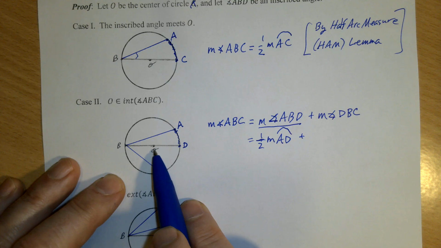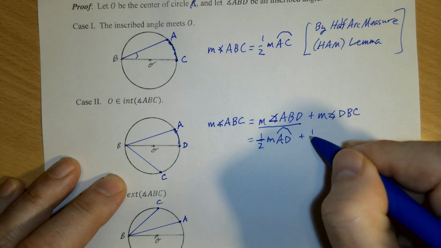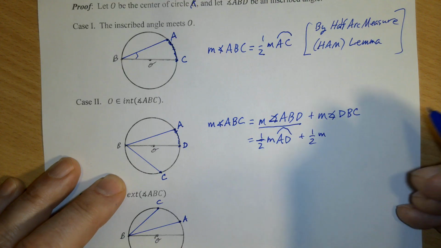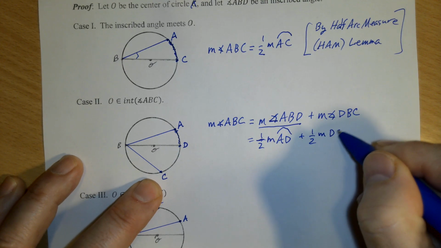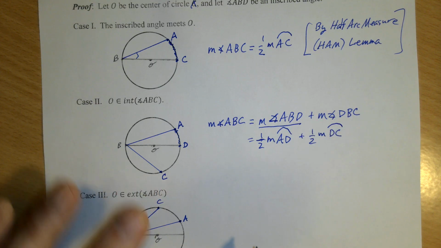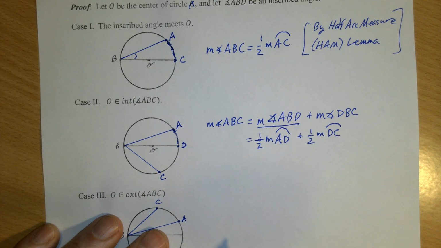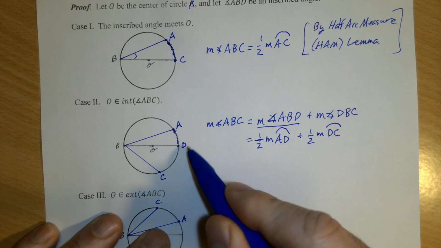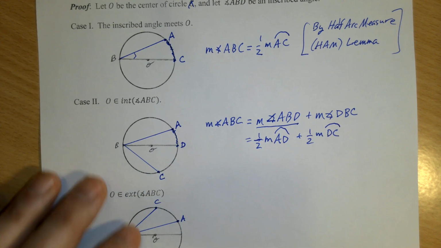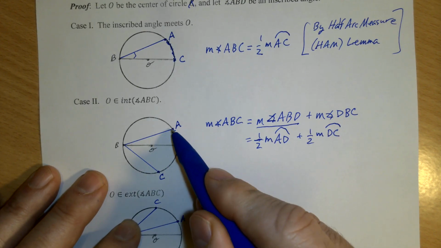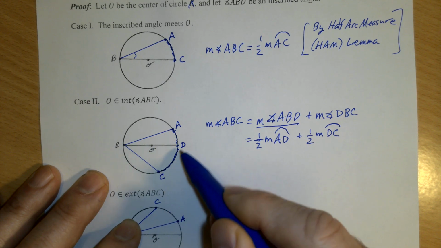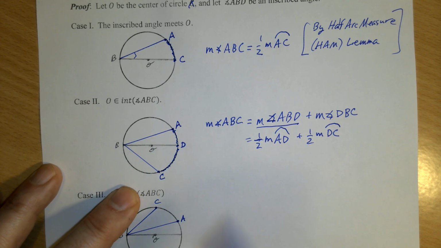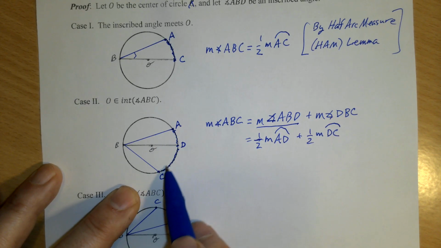So we can use the half arc measure lemma from the previous video. That's going to be 1/2 the measure of arc DC. Just using arcs that are adjacent to each other where they share one point, you can add the arc AD plus the arc DC, and we would get arc AC.